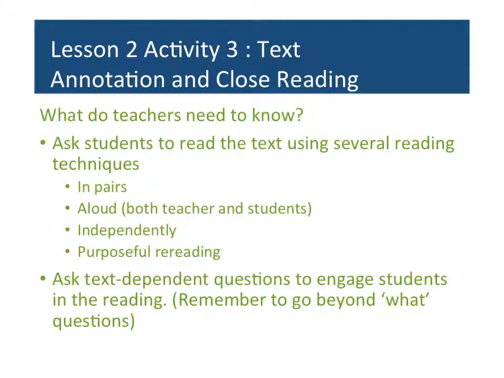This is an important strategy for getting them to read in multiple different ways with multiple different purposes so that they, A, get comfortable with reading science textbook chapters, and B, get comfortable with annotating. A lot of times students don't want to put pen to paper because it makes it permanent, right?